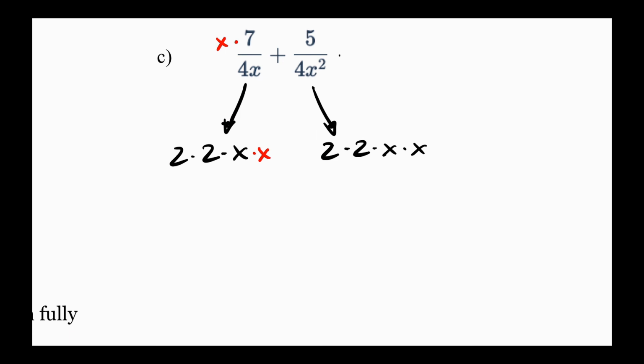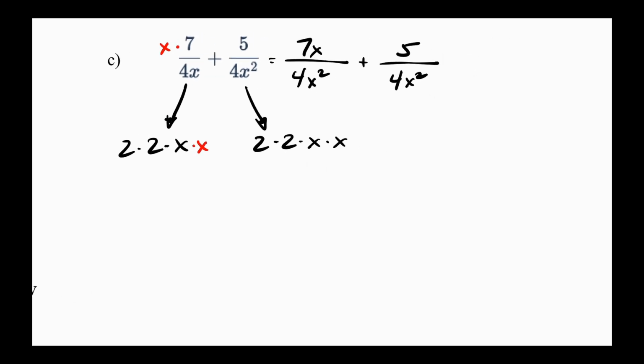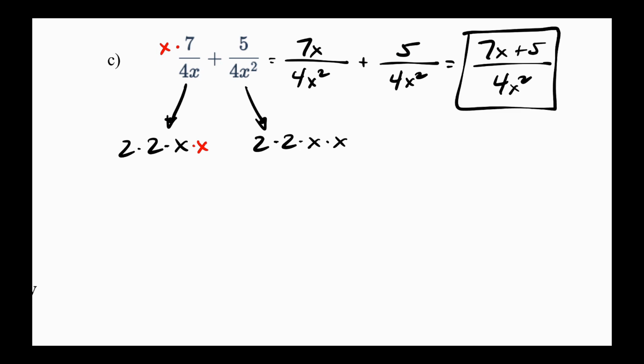So the common denominator is going to be 4x to the second power. This guy needs a 7x and this guy is a 5. Add the top. Well, I can't add them to make 12 because one has an x and one doesn't. Done.